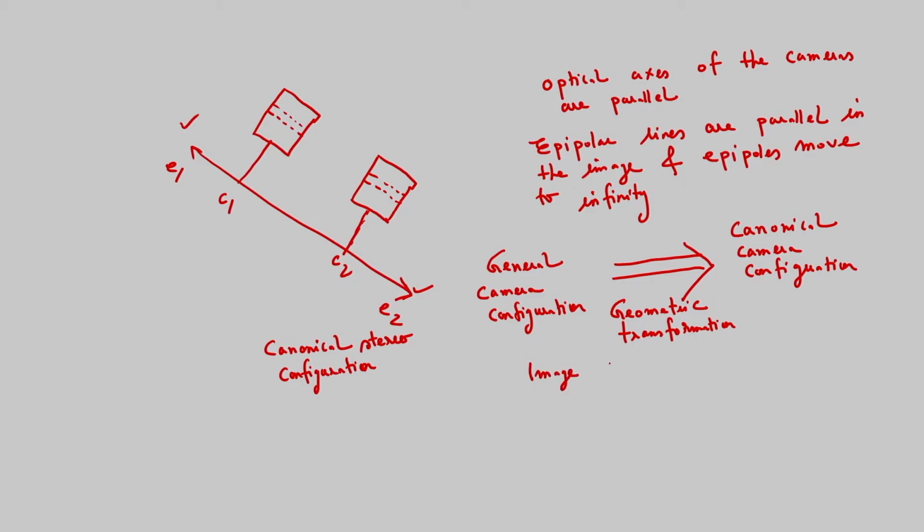This is called the image rectification. Actually it converts the search problem from 2D to 1D search problem.